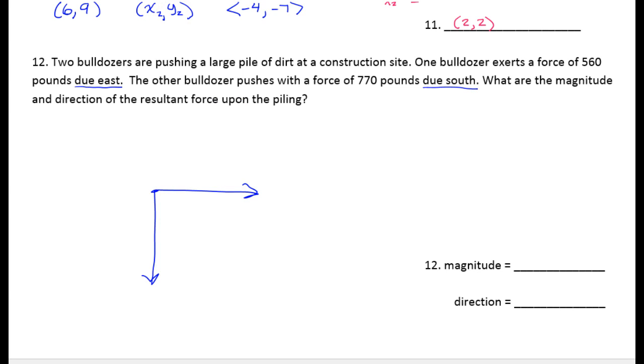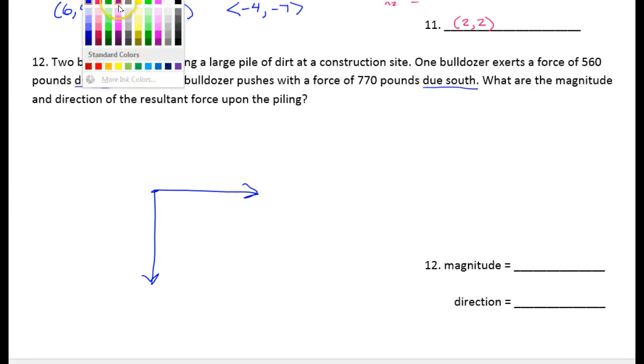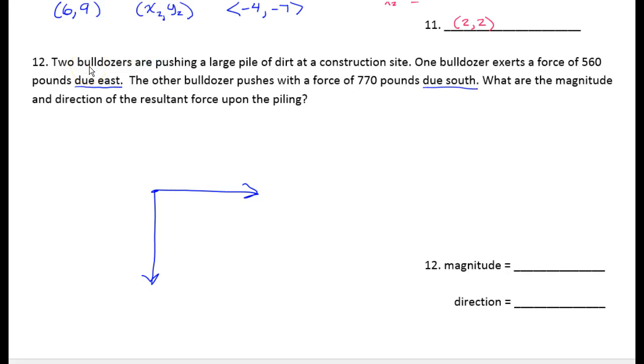So imagine that this is my little pile of dirt that's being acted upon. That's my pile of dirt. And so one bulldozer exerts a force of 560 pounds east. So this is 560 pounds east. And the other dozer is 770 pounds south.